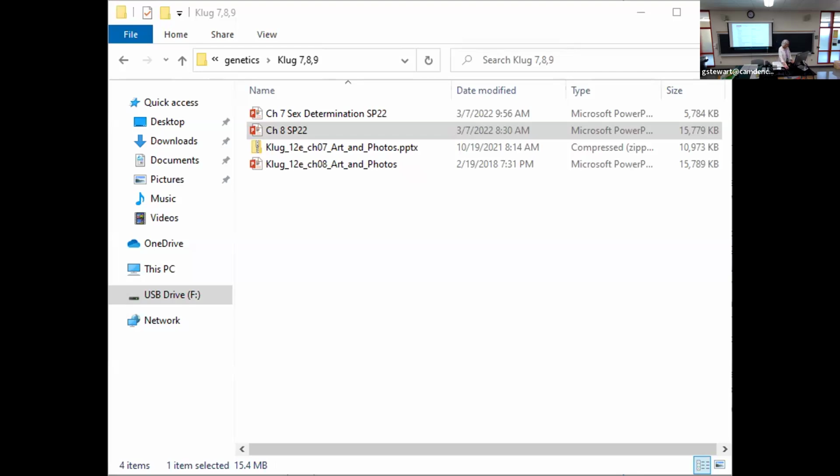All right, so the next slide is some examples of how that might happen. In general, we refer to it as non-disjunction, meaning the sister chromatids did not separate properly, right? So you can have a first division non-disjunction in meiosis 1, and you would have a cell that still had all the tetrads and another cell that had nothing, right?